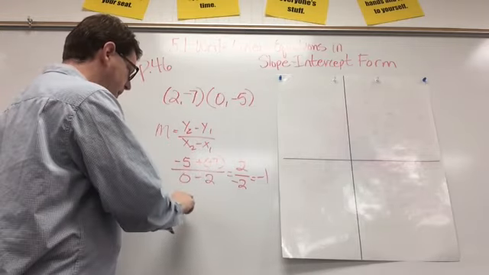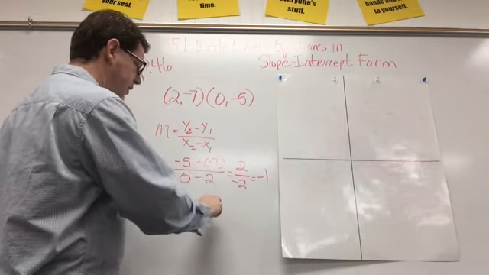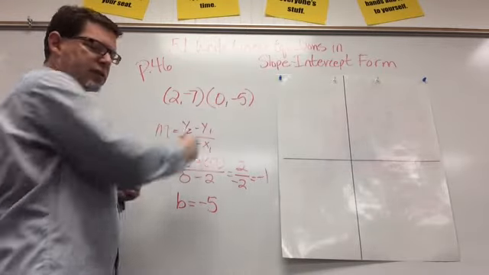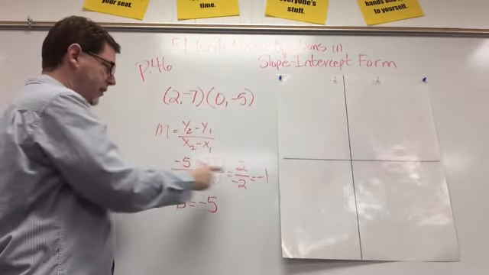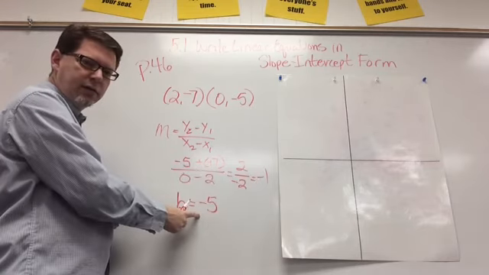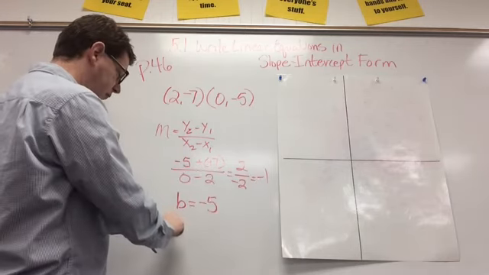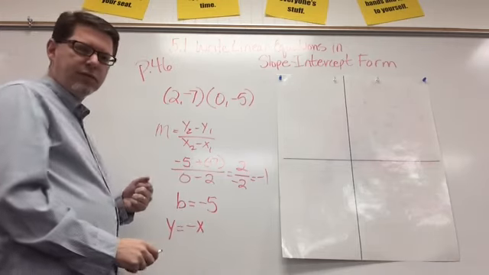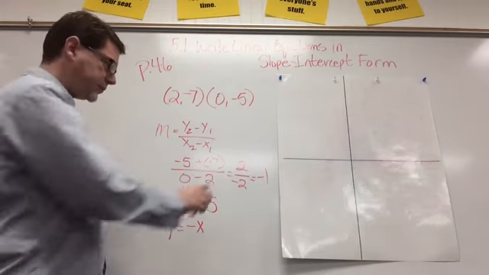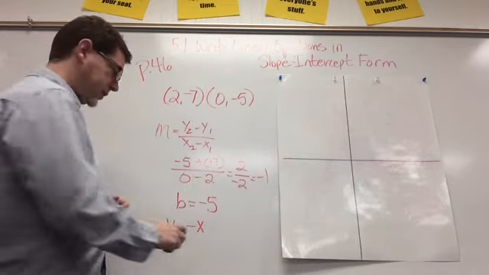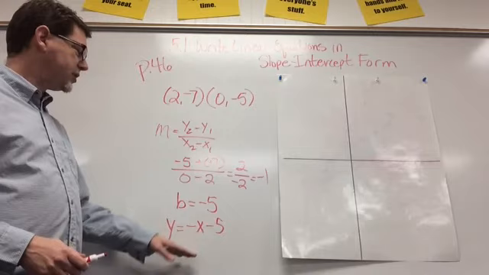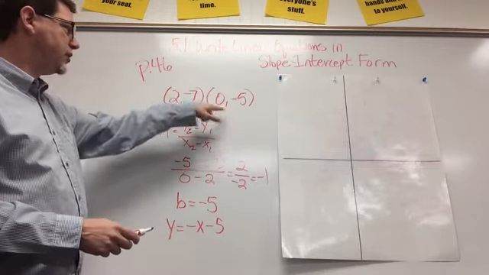So b must equal -5, because anytime I have an x that's 0, it must cross the y-axis. So I have m and b. Plug it into the equation. Y equals -x, because of the math council of 1508, I don't need to write the 1. Minus 5. That is the equation of the line that passes through these 2 points.